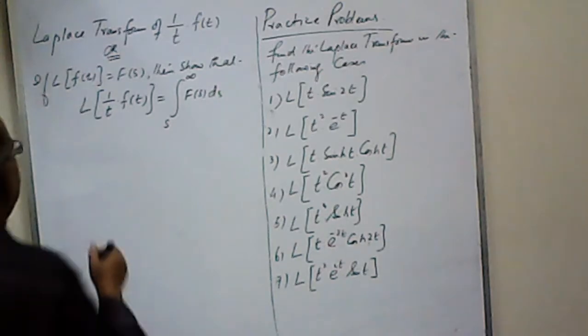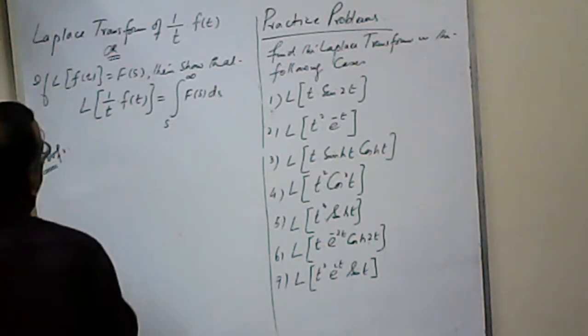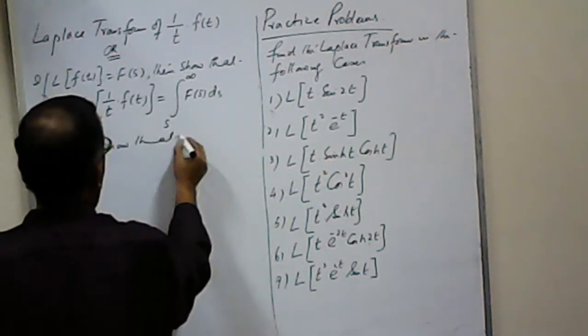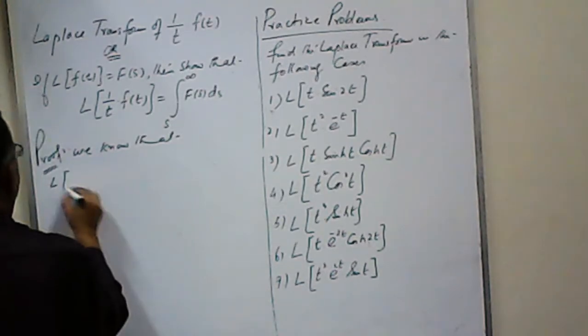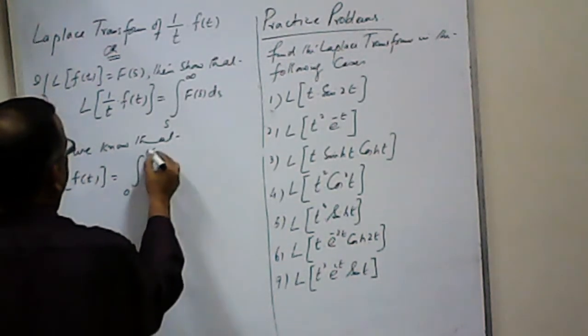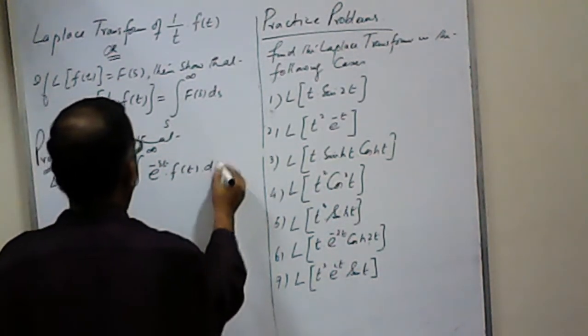So now, going to prove this, we only know the formula for Laplace of f of t, which is the integral from 0 to infinity of e power minus st function of t dt.